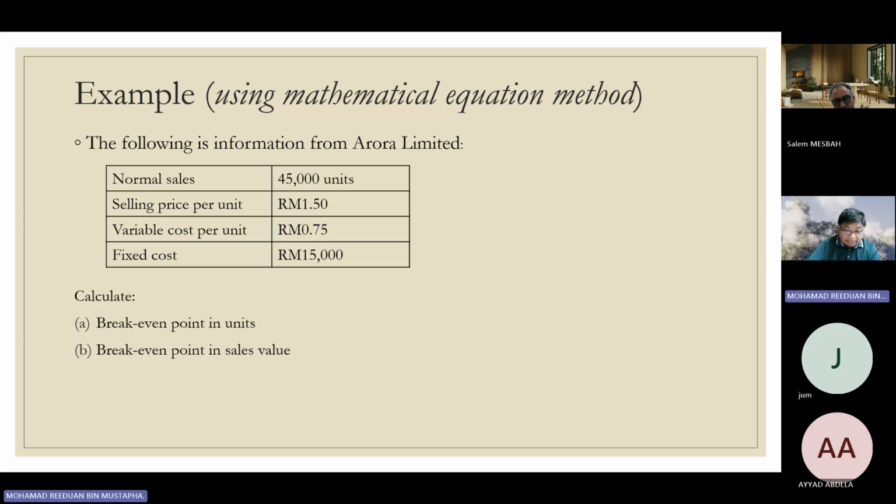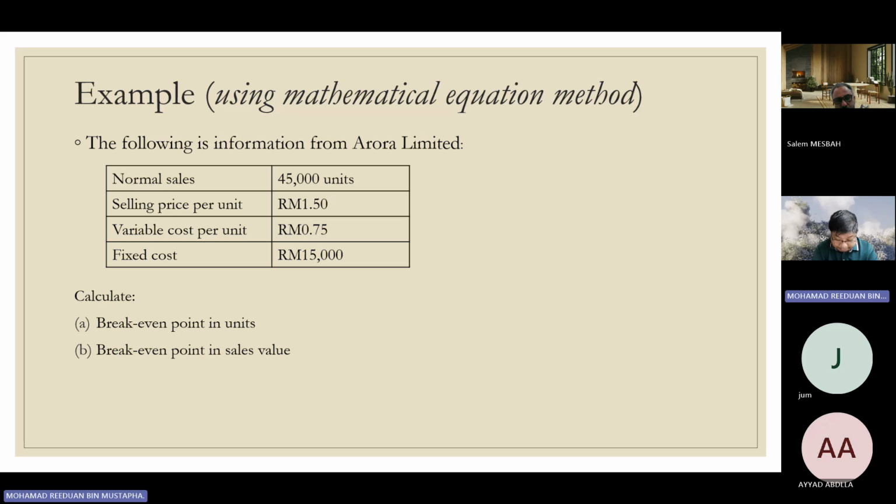Okay, break-even point. First, you need to know the formula for the break-even point. In order to get the break-even point in units, I put here the formula in units.